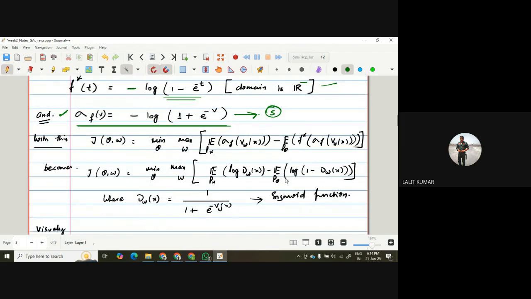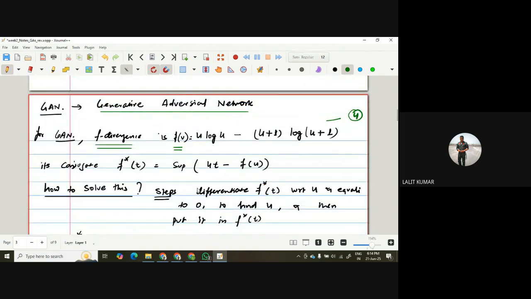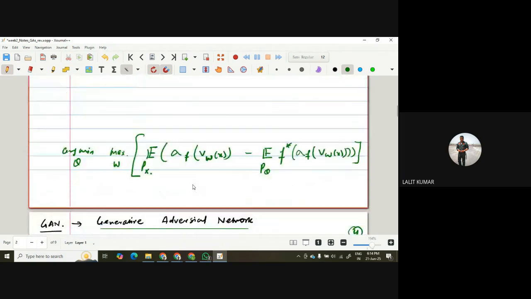Now with this, if we replace this in our loss function, the loss function becomes again arg min over theta, max over w, of log D_w(x) plus log (1 minus D_w(x)). This is what has been given in the standard GAN paper. However, the professor has covered elaborately how it has come, and all these things have not been given there.